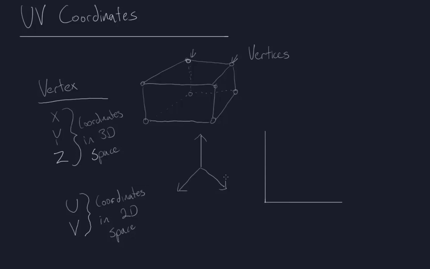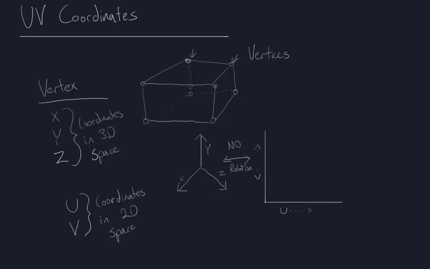So we're very used to 3D space. In the case of Maya, we have Y going up, we have X going one way, and we have Z going the other. In 2D space, instead, you have the U direction, which tends to run horizontally, and you have V, which tends to run vertically. But the two are not related. What do I mean when I say that?